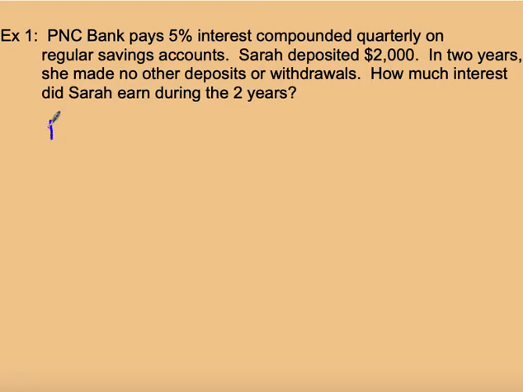So I'm going to break down what all of our variables are. Our principal is her initial investment, which is the $2,000. Our rate is, so PNC has a rate of 5% annually. So we're going to take that and turn that into a decimal, moving that decimal 2 places to the left or dividing by 100 and dividing it by quarterly, because we are going to compound that 4 times in that year.